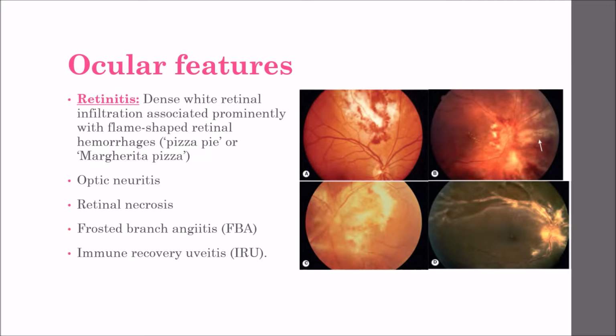Now, retinitis. The characteristic appearance is of areas of dense white retinal infiltration associated prominently with flame-shaped retinal hemorrhages, and it's usually described as a pizza pie or margherita pizza, beginning peripherally and extending along the course of the vascular arcades.